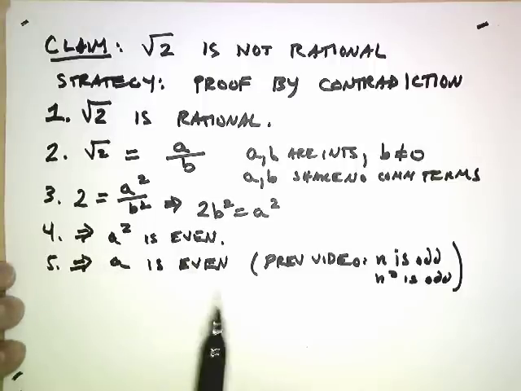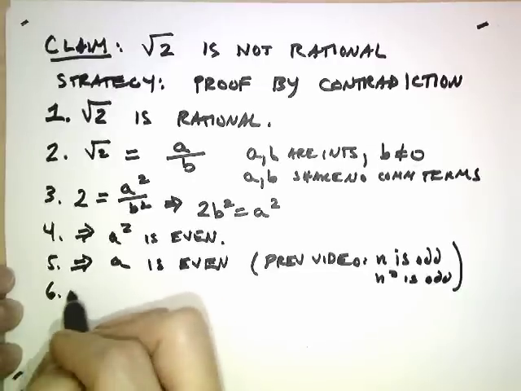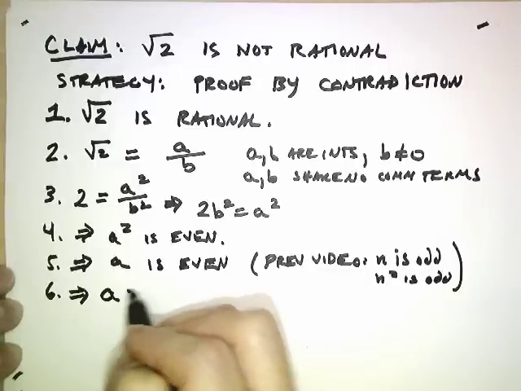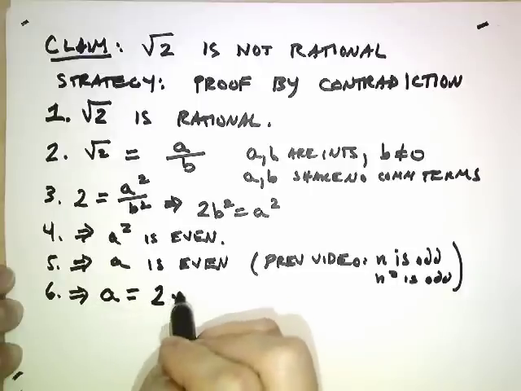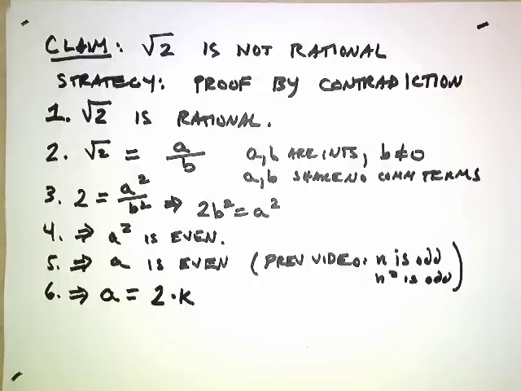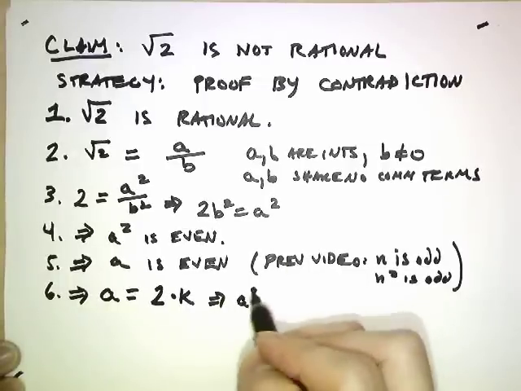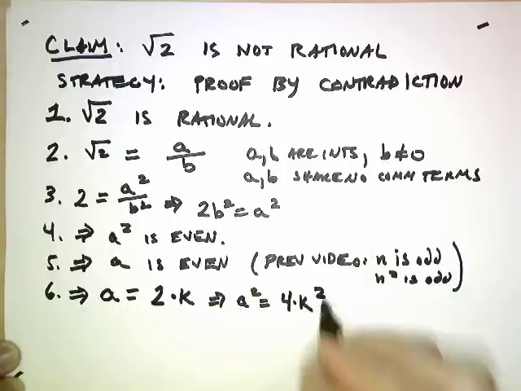So therefore, a must be even. Okay, well, since a is even, what does that mean? It means that a can be written as 2 times k for some integer k. And this means that a squared is going to equal 4 times k squared.